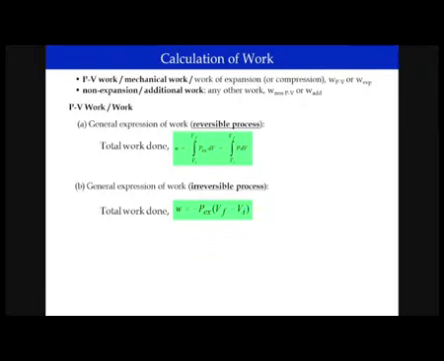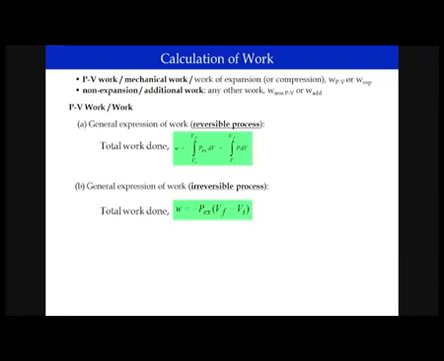Next we will move to work. As I said at the beginning of this lecture, work could be of two types. One is the work we commonly describe, the expansion work, the mechanical work or the PV work, and any other work like electrical work or magnetic work we call together non-expansion or additional work.